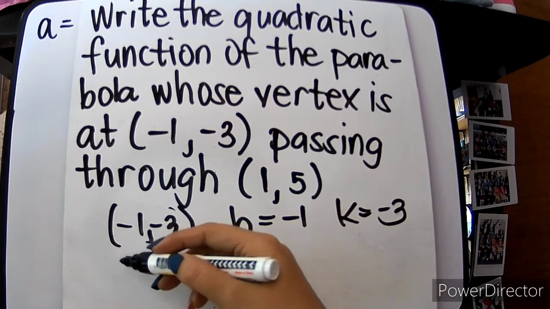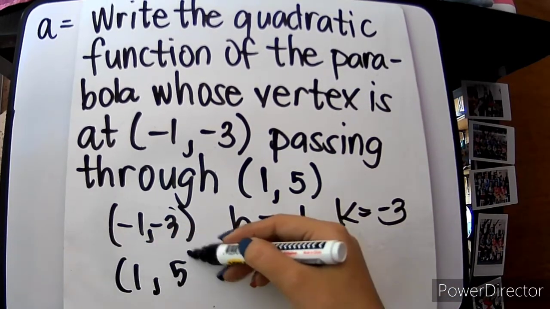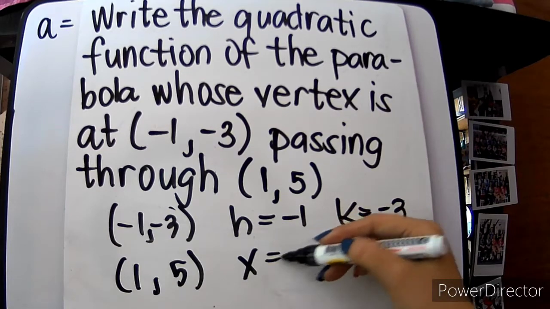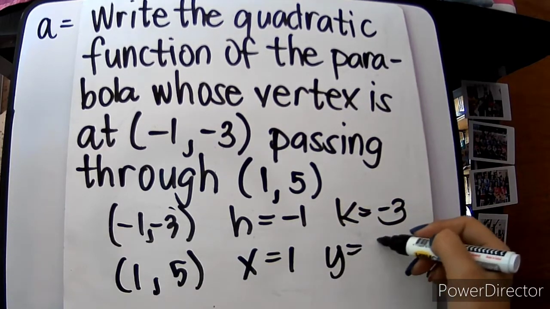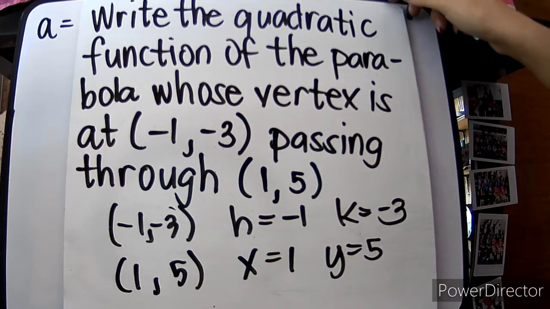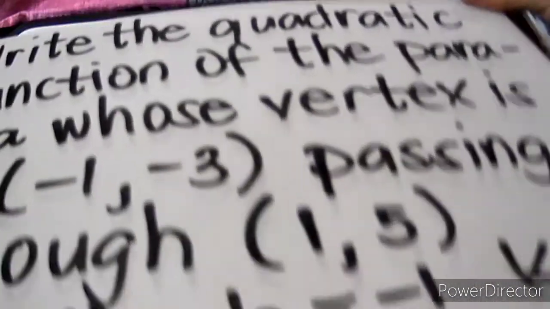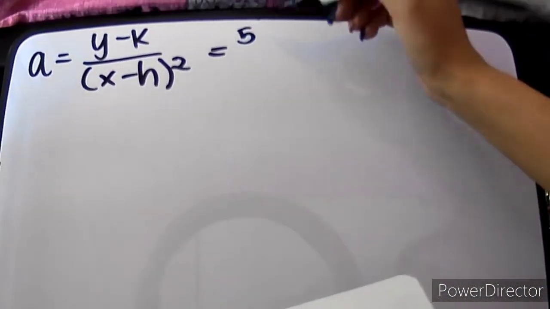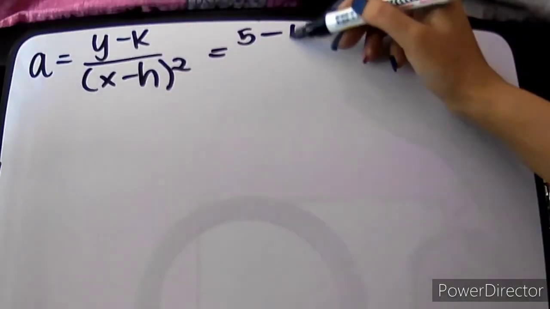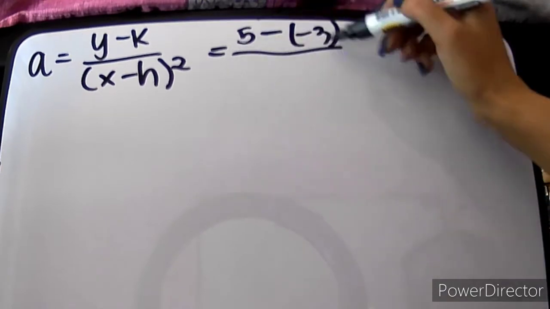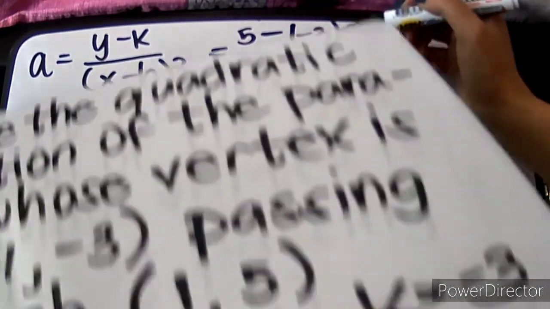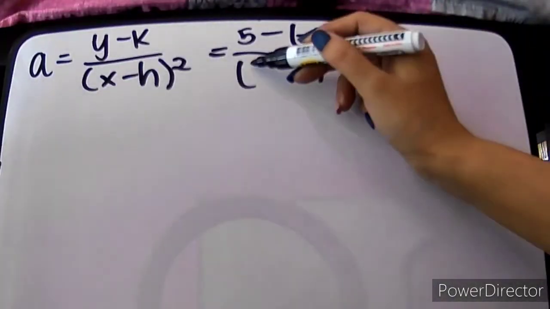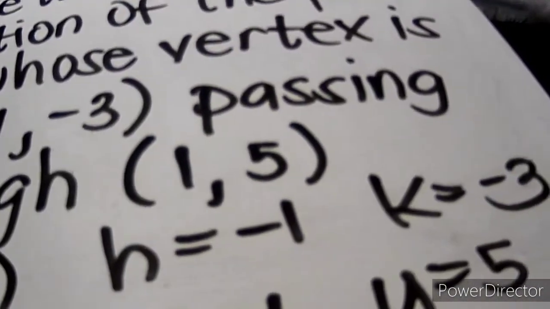And passing through (1, 5), so we could say na ang ating x is 1, y is 5. Again, the first step is to find the a. So, ang y natin is 5, minus yung k natin ay -3 over the square of, ang x natin ay 1, ang ating h is -1.